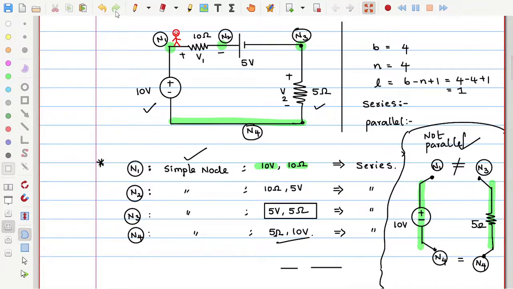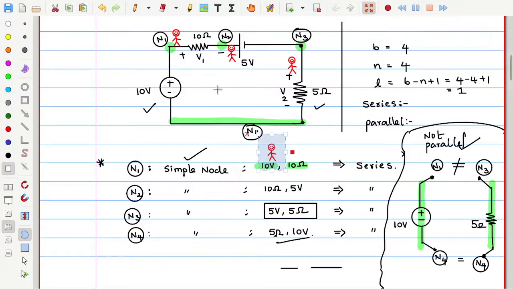Next, the moment he reaches over here, what kind of polarity is he seeing? Don't say this is negative. This negative corresponds to the 10 ohm. Positive. Very good. Then he travels further and reaches over here. For this 5 ohm, what kind of voltage polarity could he see?